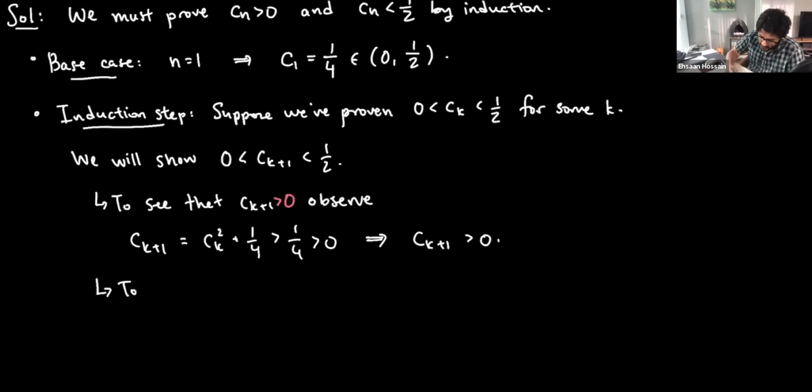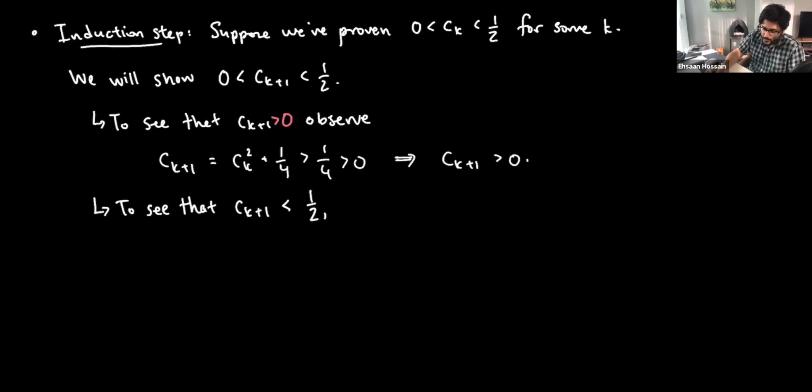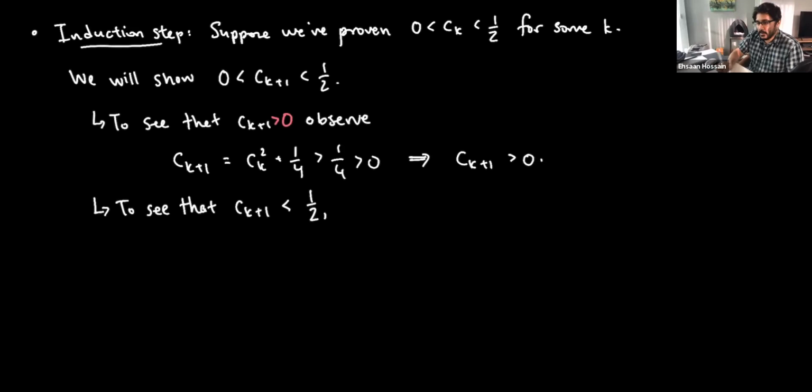Next, to see that c of k plus 1 is less than a half, what do you do? Does anyone want to give me a little tip for that? Start me off. How do I prove this one? Because this is really the meat of the proof. Sum of squares. Interesting.